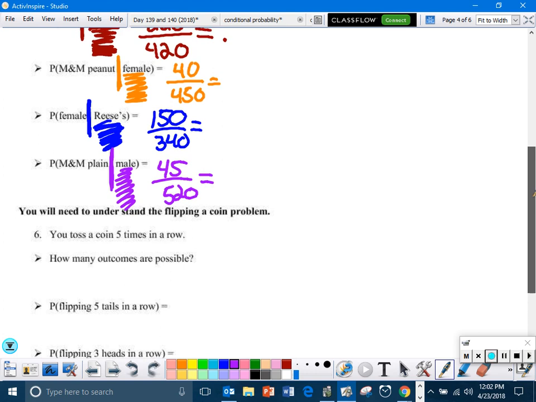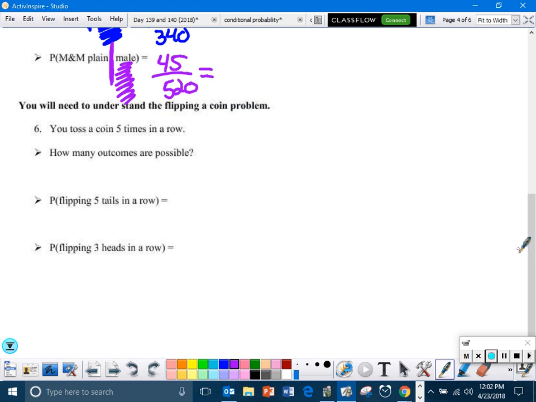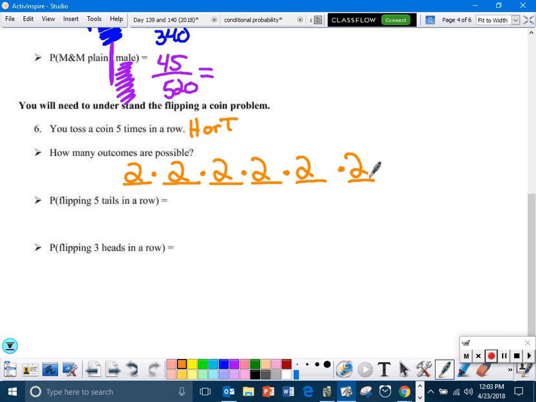All right. Number 6. You toss a coin 5 times in a row. How many outcomes are possible? Well, when you toss a coin, there are only 2 possibilities. There's heads or tails. So you're going to toss it 5 times in a row. So again, you get heads or tails. That's 2. Heads or tails, heads or tails, heads or tails, heads or tails, heads or tails.